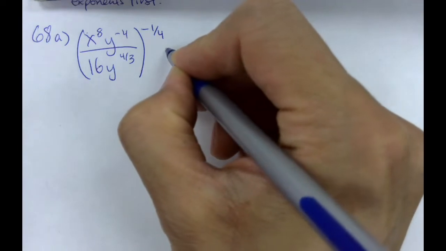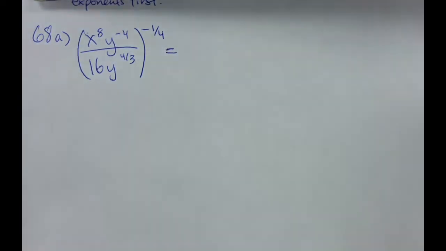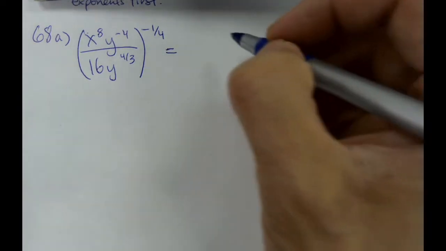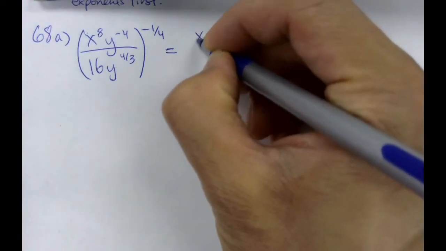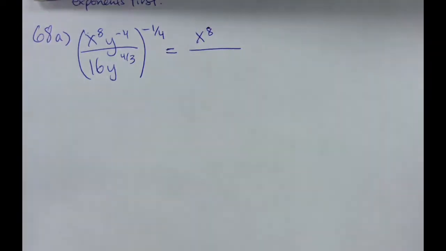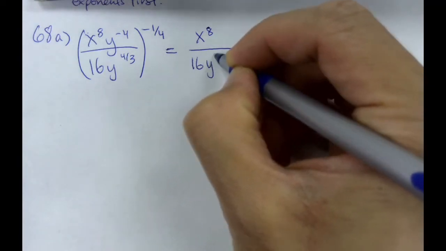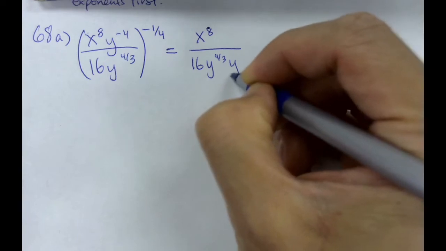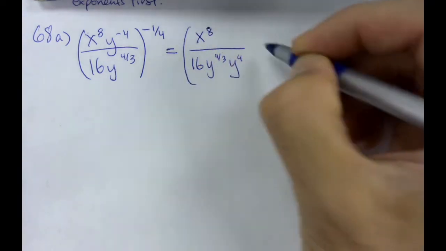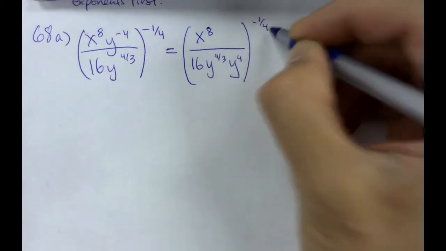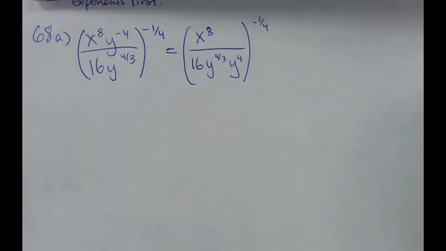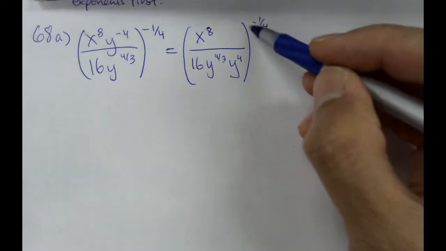So I'll just follow the same steps that I did for the first one, and I'll move y to the fourth down to take care of that negative exponent. I mean, you could distribute this 1/4.